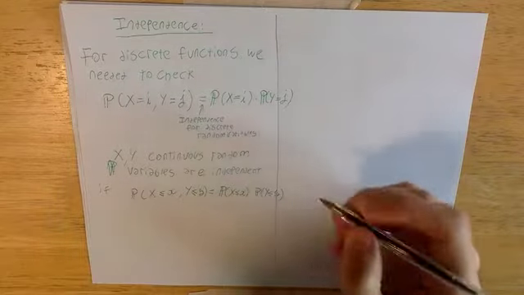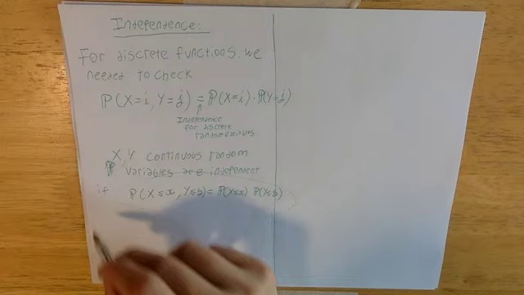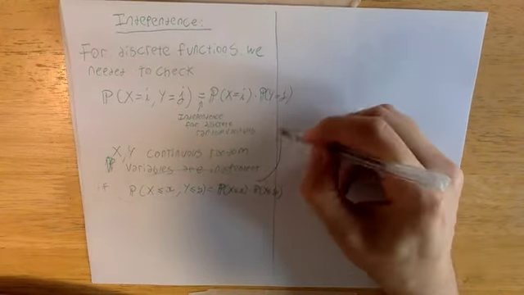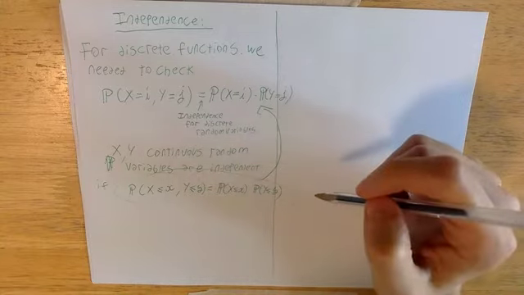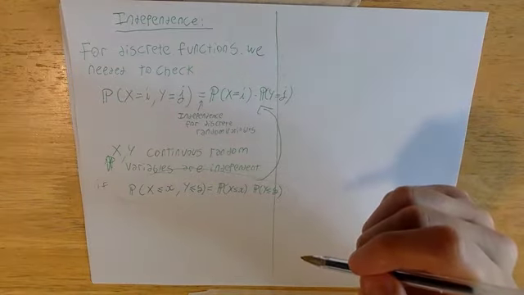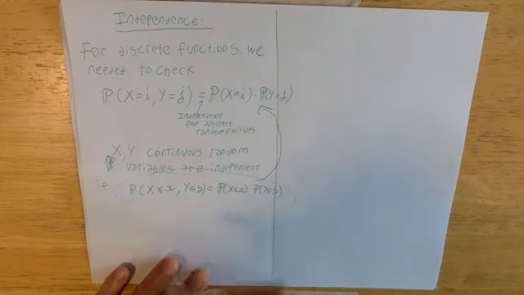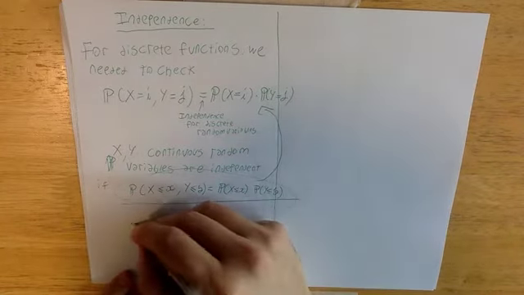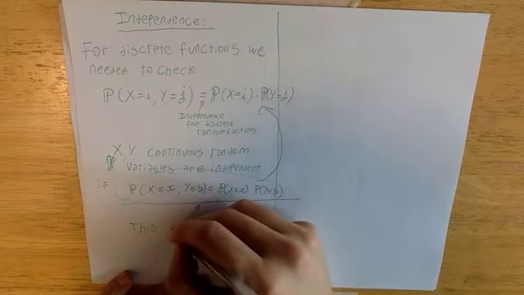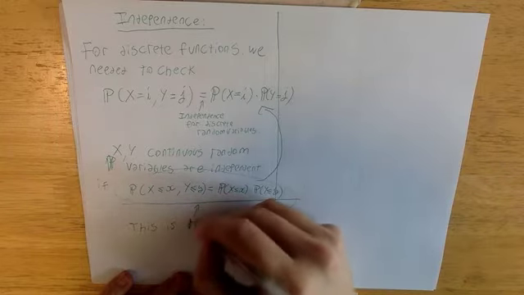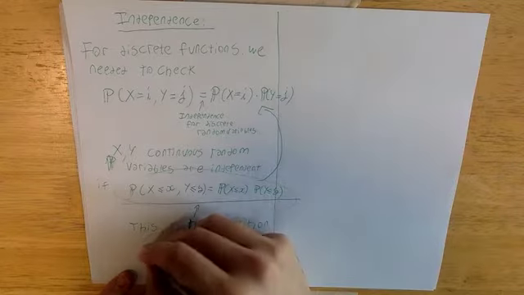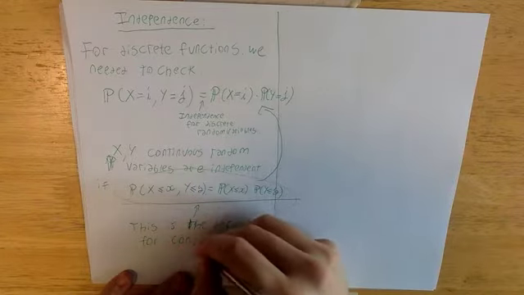I think originally I gave the definition like this, and then you can check for discrete random variables that this is equivalent to that. Anyways, for continuous random variables, this is the definition. So this is the definition for continuous random variables.